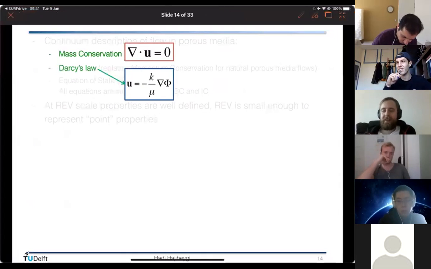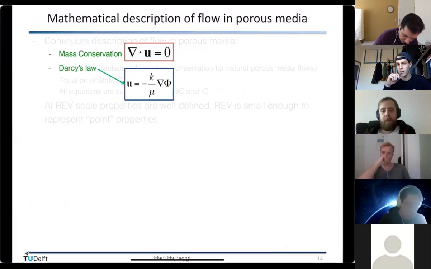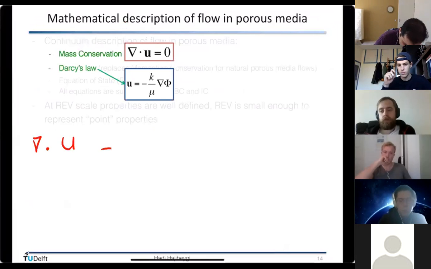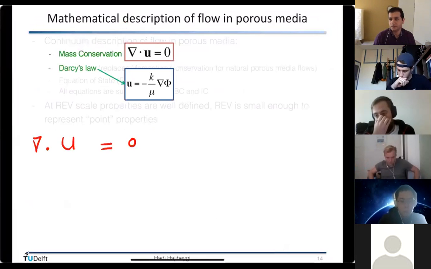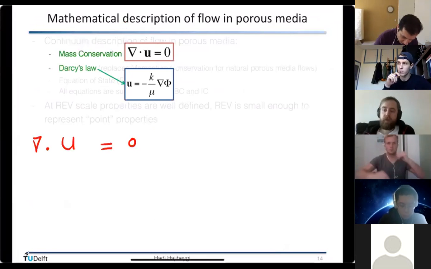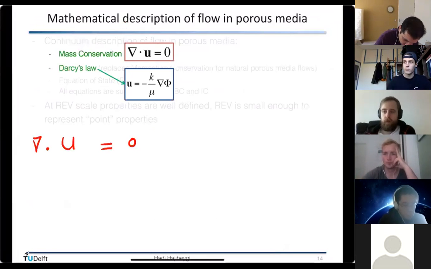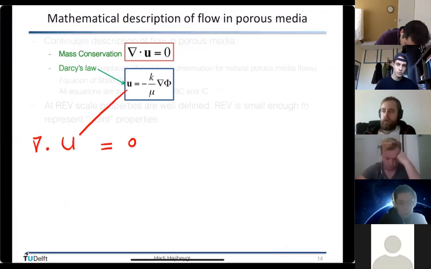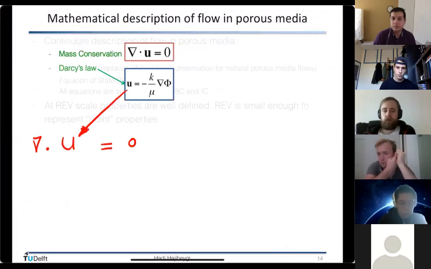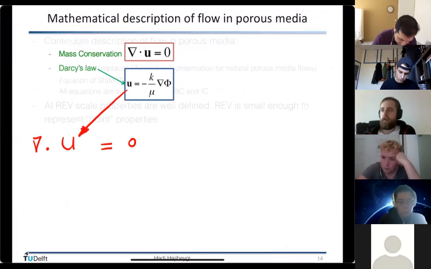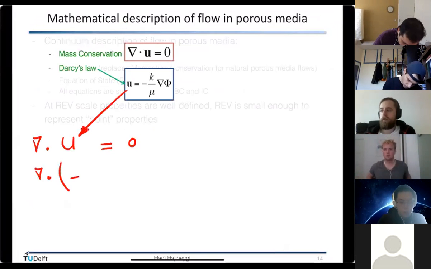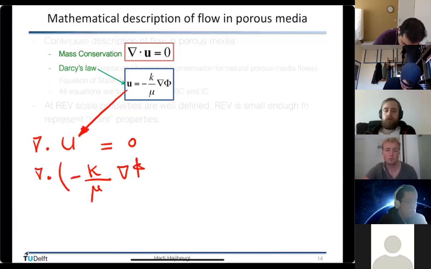So that means that I can now use my velocity with Darcy's law and write divergence of, instead of u, minus k over viscosity times gradient of potential, is 0.